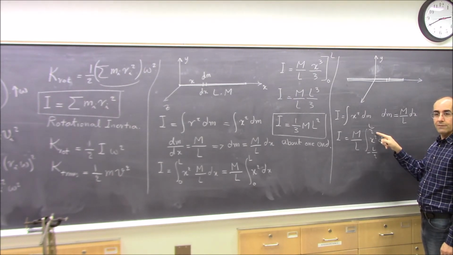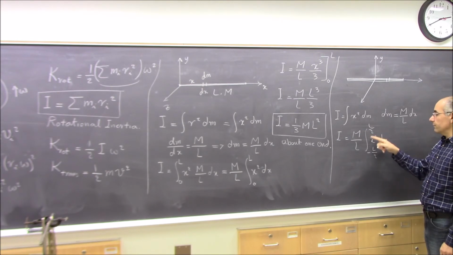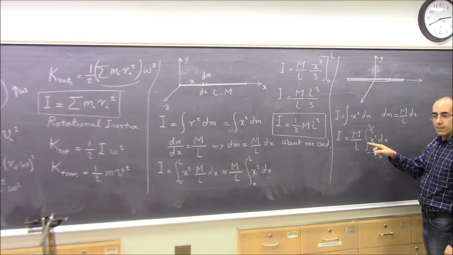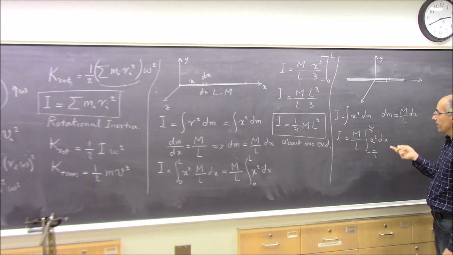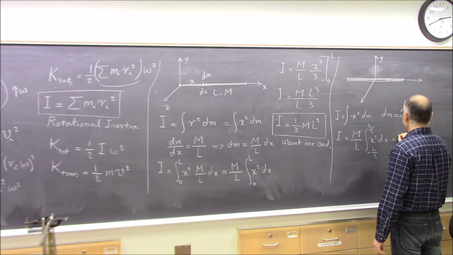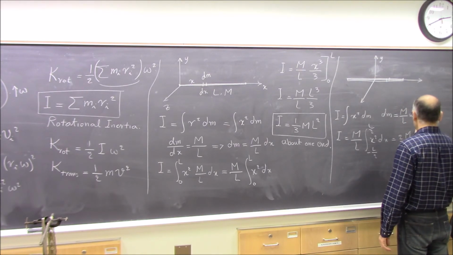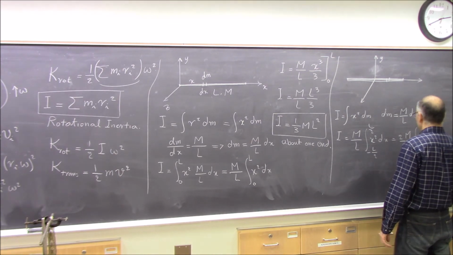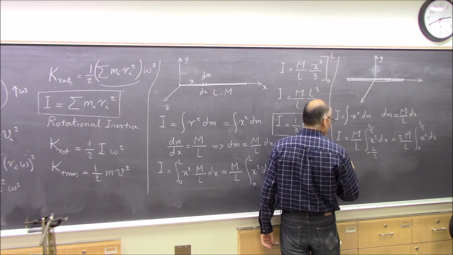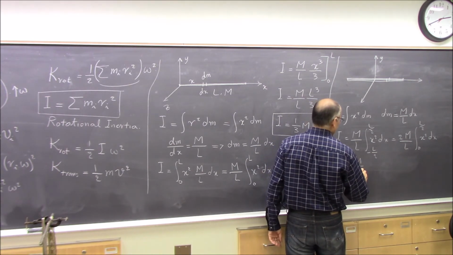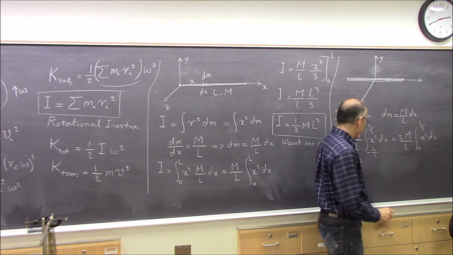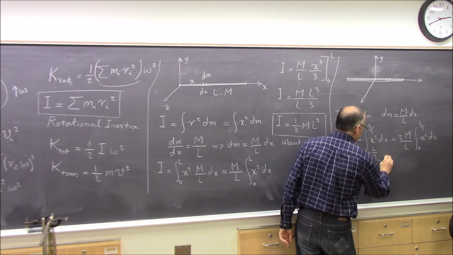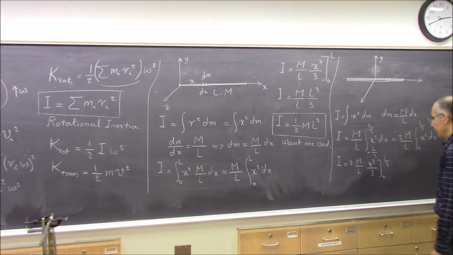Right? You remember? If you have an integral of an even function from negative a to a, you can write twice from 0 to a. So you can say this is equal to 2M over L, integral from 0 to L over 2, x squared dx, and then you get 2M over L, x cubed divided by 3, and evaluate between 0 and L over 2, right?